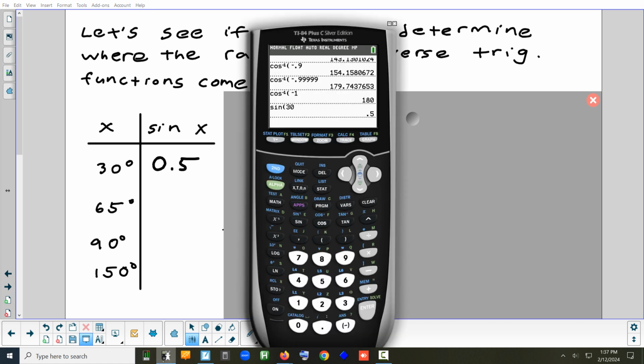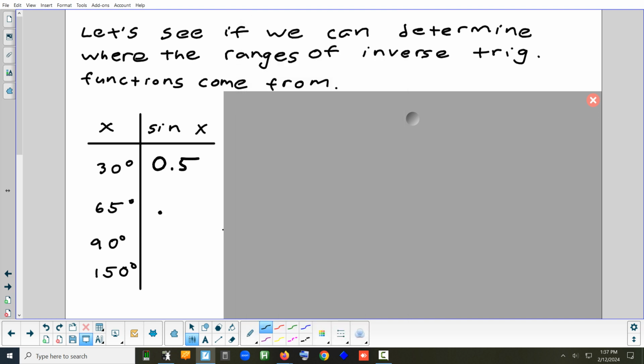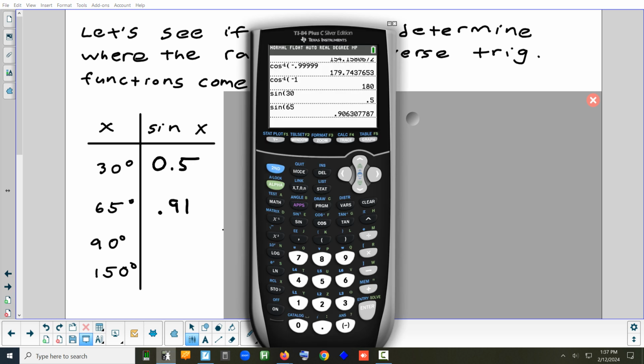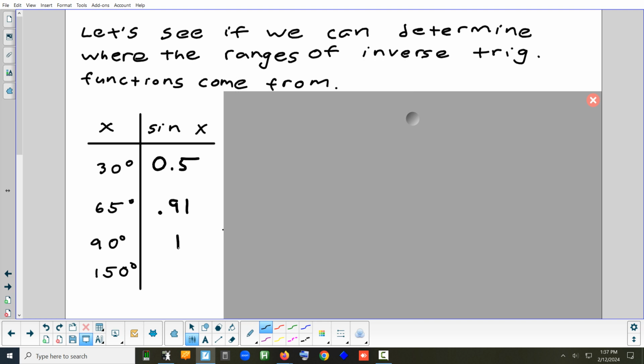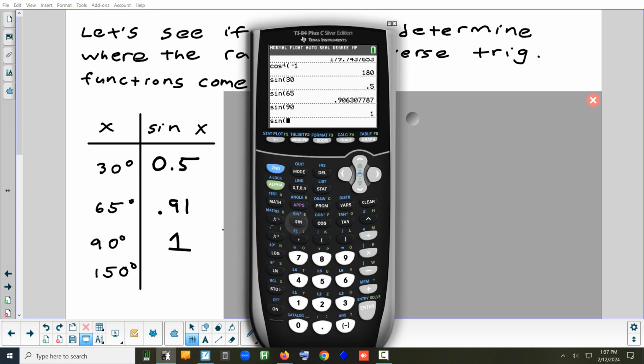Let's try the sine of 65. About 0.91. Let's try the sine of 90. Yeah, we get 1. Let's try the sine of 150. 0.5 again.